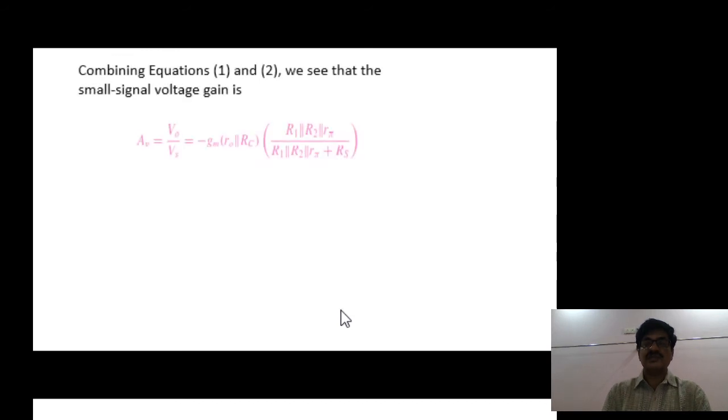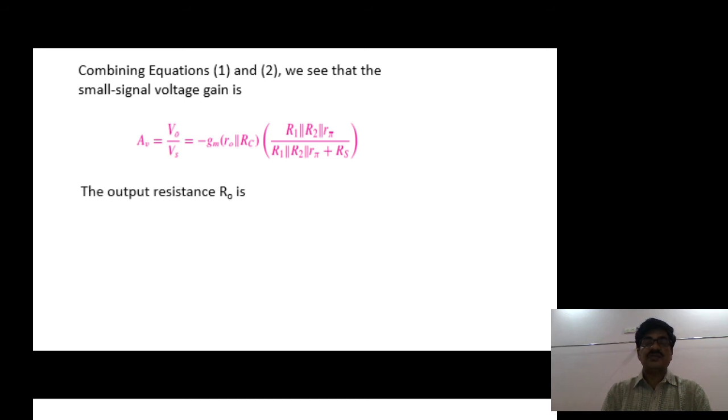Therefore, the voltage gain AV equals V0 by Vs equals minus Gm into R0 parallel RC into Ri divided by Ri plus Rs. Clear? So like that you can derive the voltage gain for the CE amplifier from the equivalent circuit.